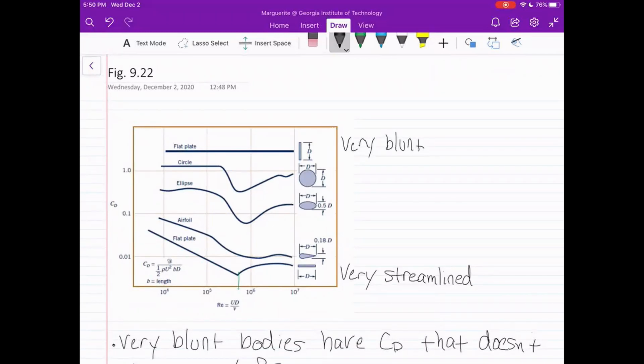I have that poll open for y'all. And just remember we're working with a flat plate parallel to the flow.